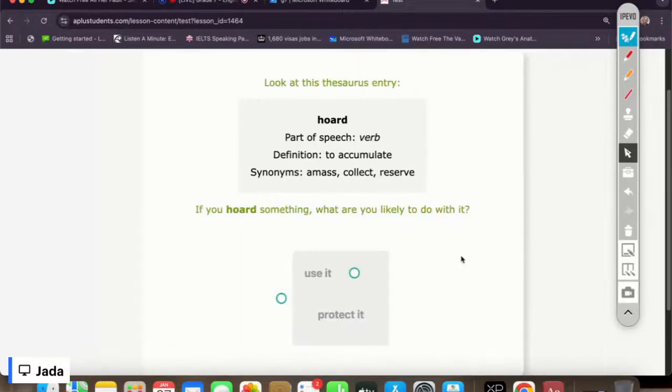Okay. So we have hoard. It's a part of speech verb. The definition is to accumulate, and then the synonyms are amass, collect, reserve. So if you hoard something, what are you likely to do with it? Use it or protect it.